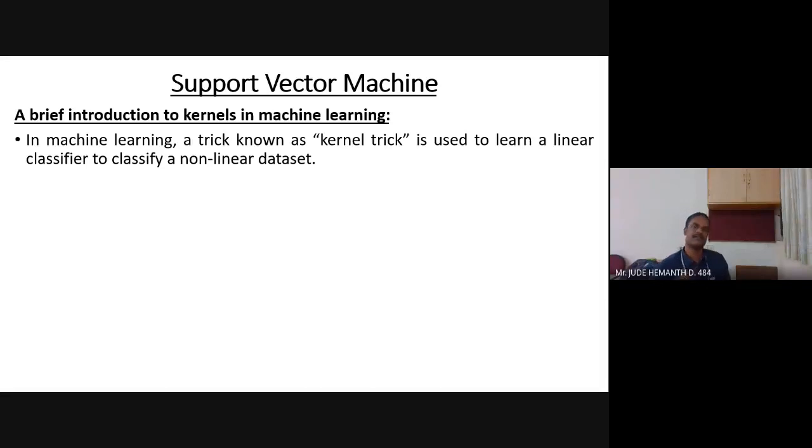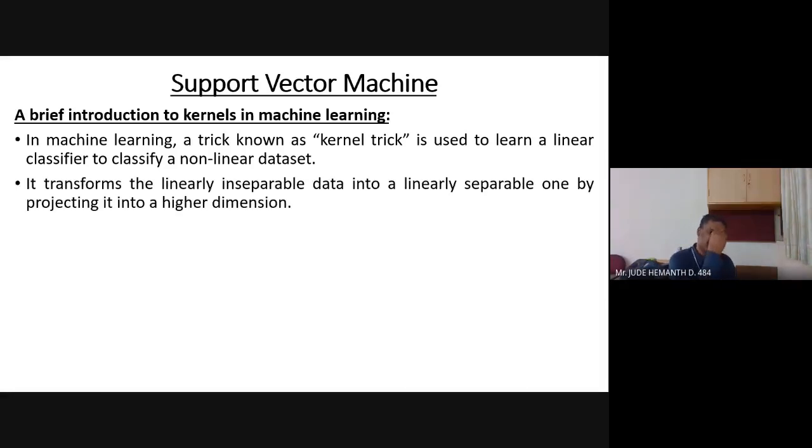This kernel is a mathematical equation which is used to convert a nonlinear process into a linear process. Otherwise, I can say this kernel is a mathematical equation which helps the SVM to classify a nonlinear data set also. Kernel is nothing but a mathematical equation.